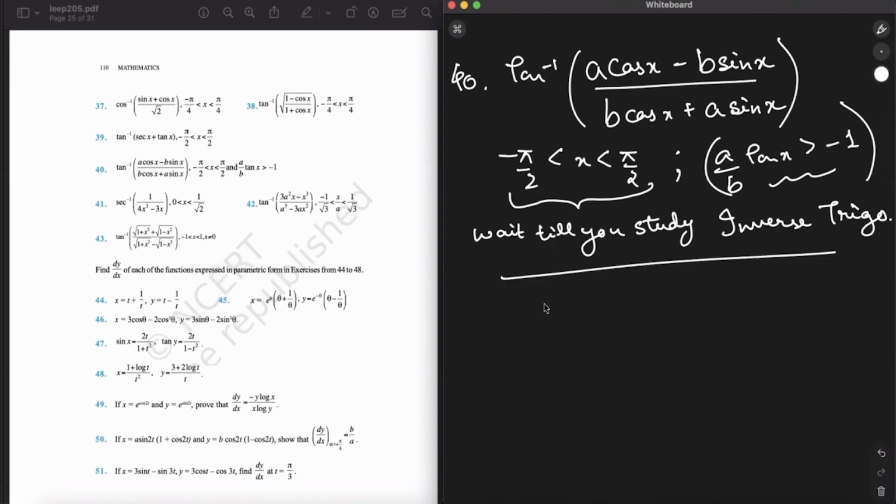So I have y equal to tan inverse of (a cos x minus b sin x) over (b cos x plus a sin x).